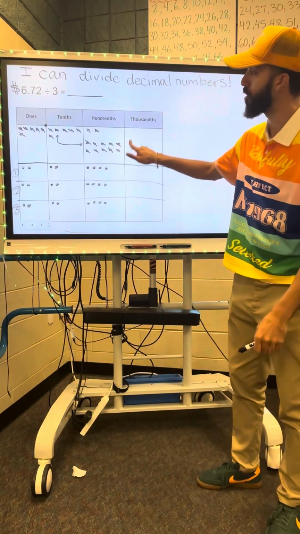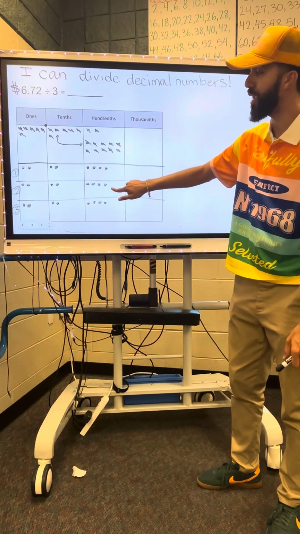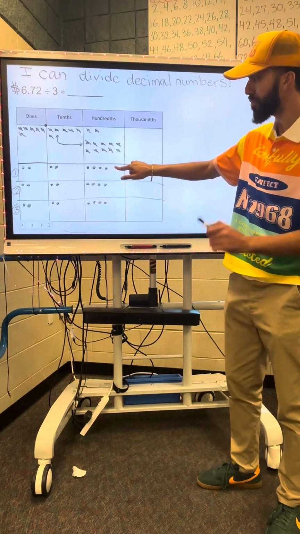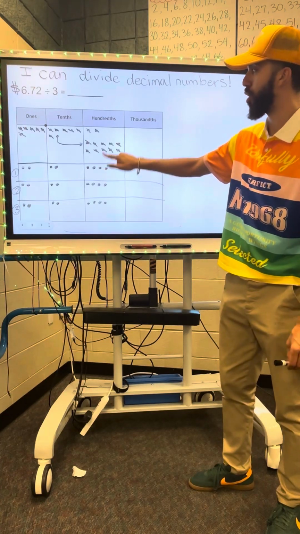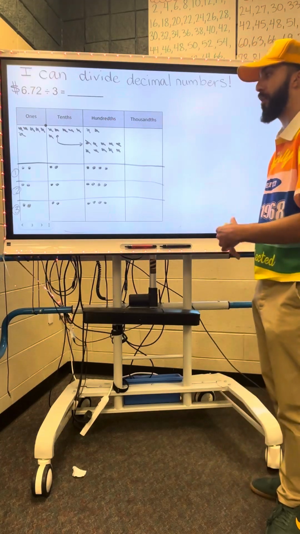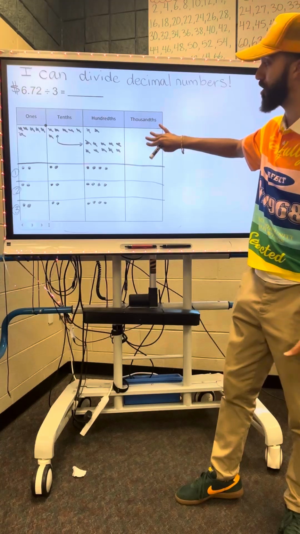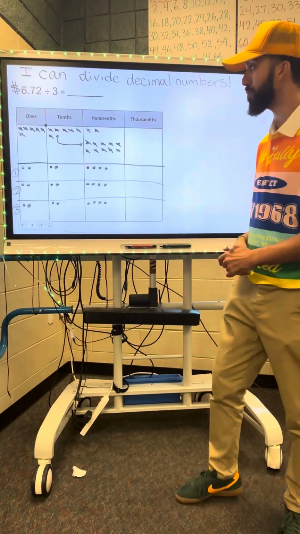I shared all 12 into my 3 groups. Each group received 4 hundredths. Now I can go ahead and look at one of the groups now that I don't have anything else to share and get my answer.